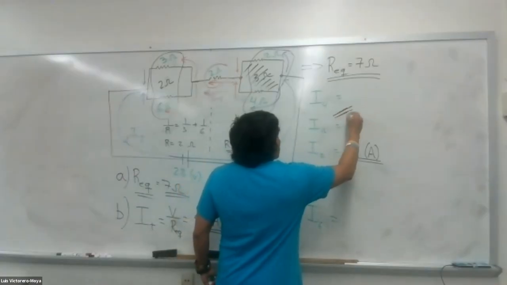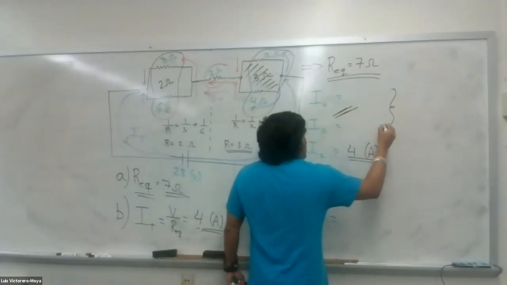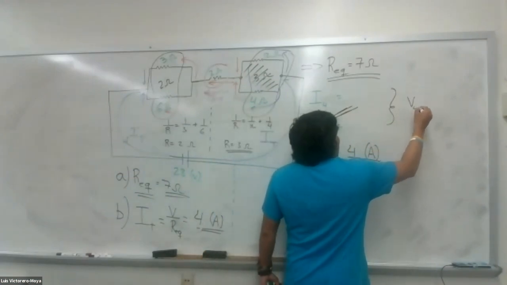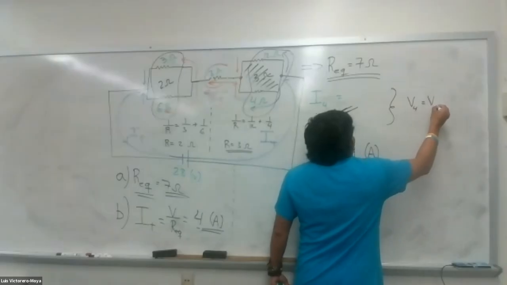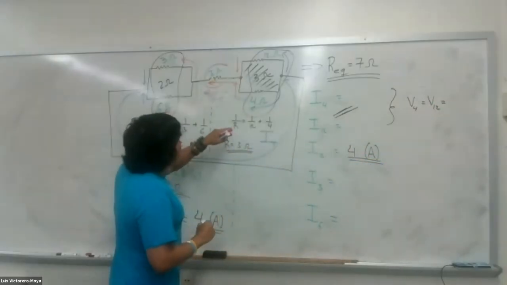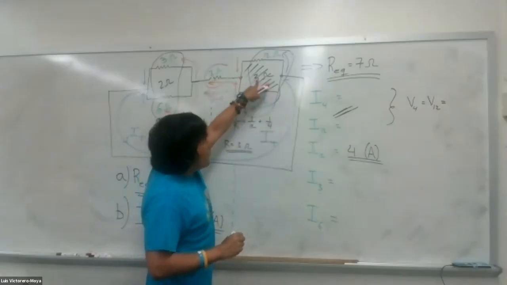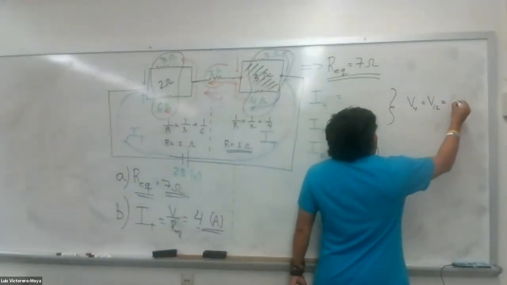They share the same voltage. So V4 equals V12 equals what? The current 4 times 3. It's 12 volts.